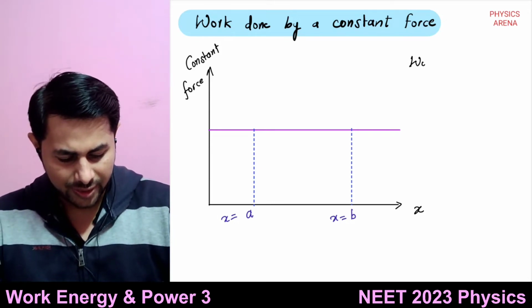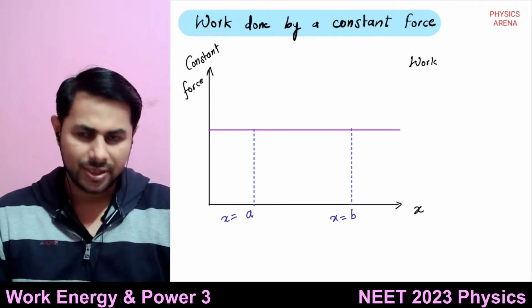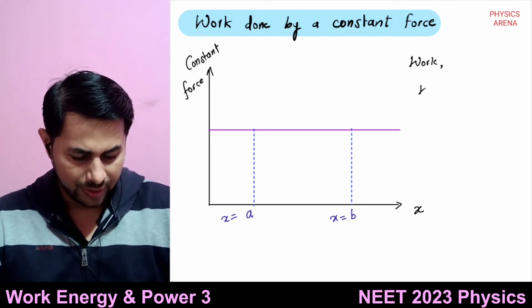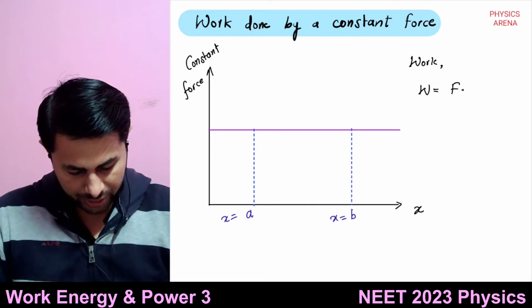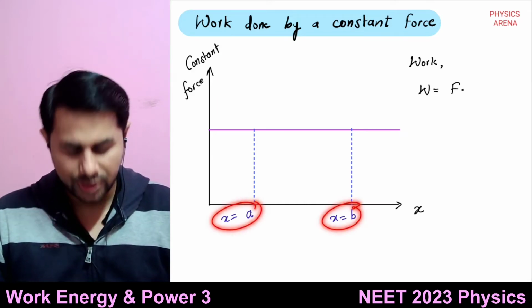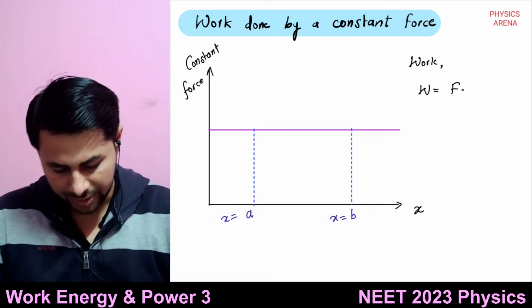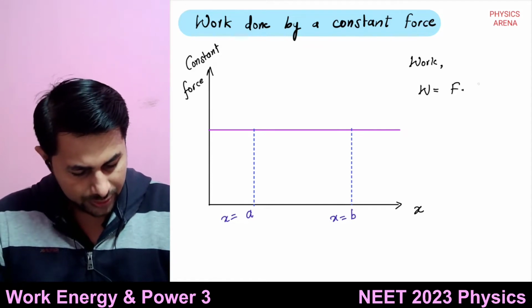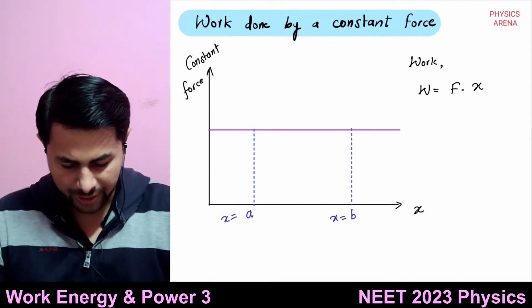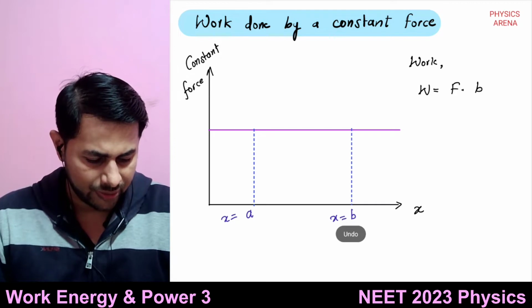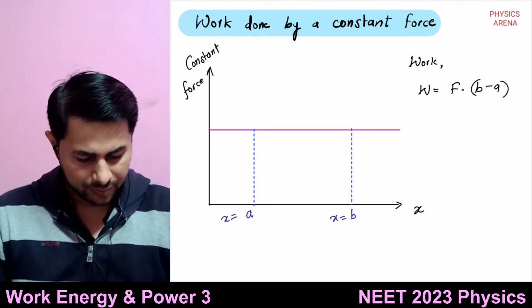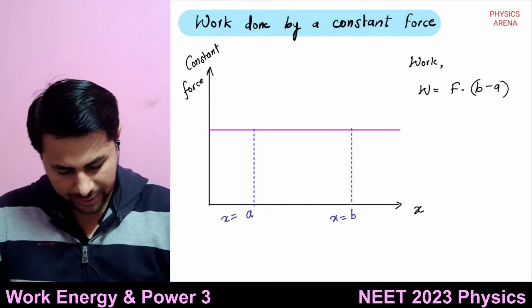So when the object is displaced from A to B, W is equal to what? F multiplied by position at point B minus position at point A. That's the displacement, so it is x at B minus x at A, or you can say B minus A. And what will that be?